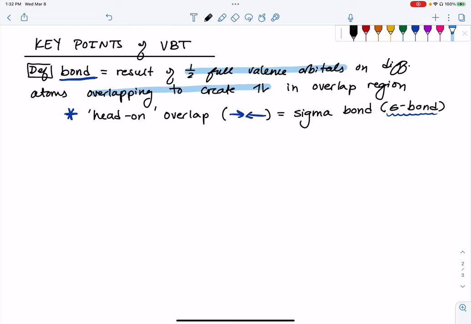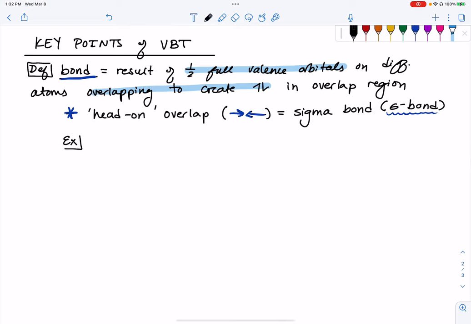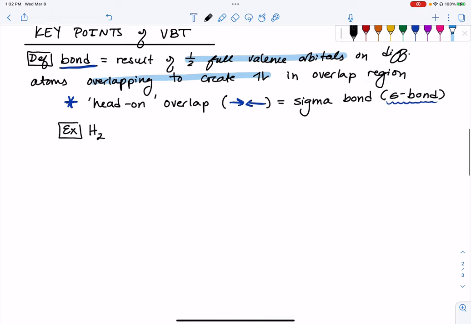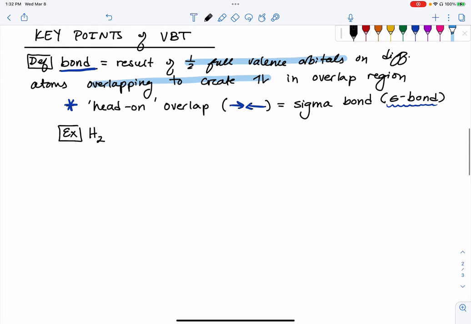So I think we looked at elemental hydrogen on Monday. I'm not sure, but this is a really great little illustrative example of what valence bond theory is saying. So let's say that I've got two hydrogen atoms.